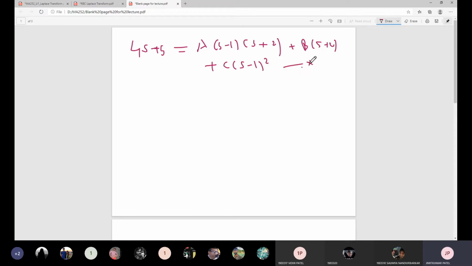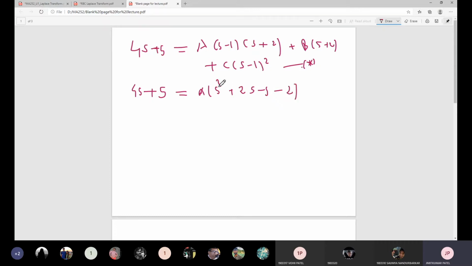Now open it. All the brackets can be opened. So what we get? 4s plus 5 is equal to A into, s into s, s square plus 2s minus s minus 2.